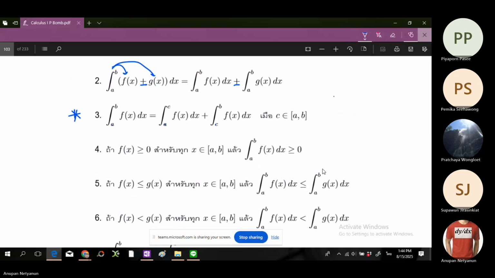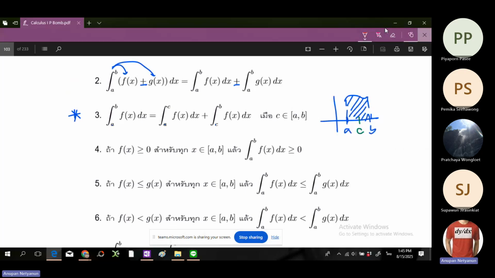Let's say you integrate from A to B. You know that the meaning of definite integral is the area under the graph from A to B. But on the right-hand side, first I integrate from A to C. Let's say your C is here.